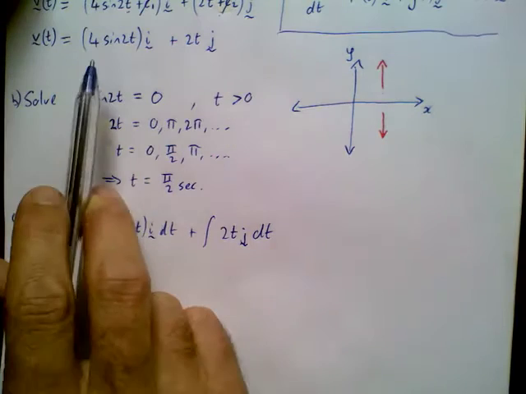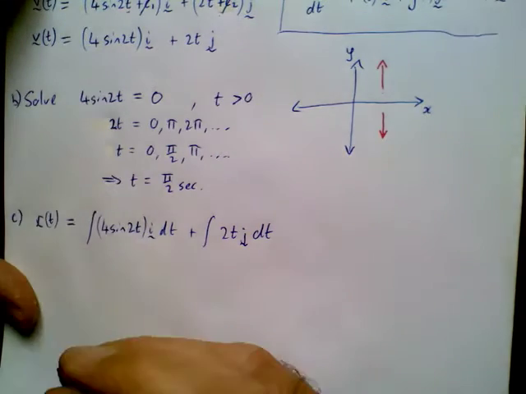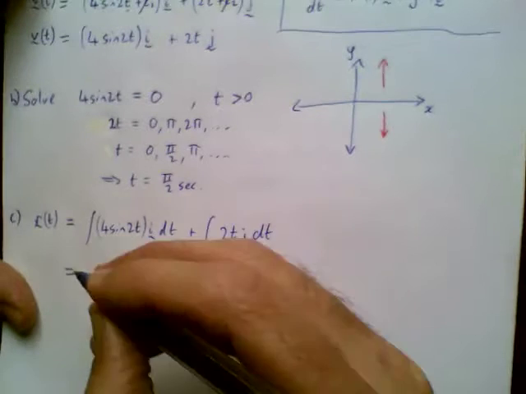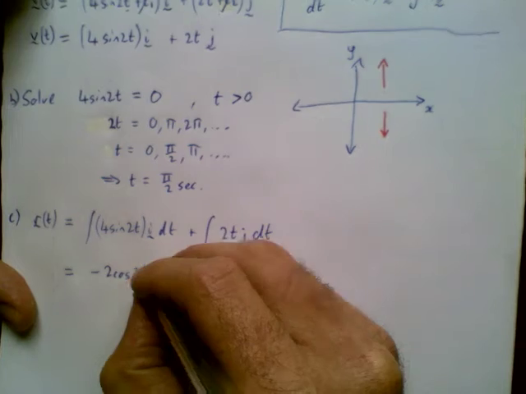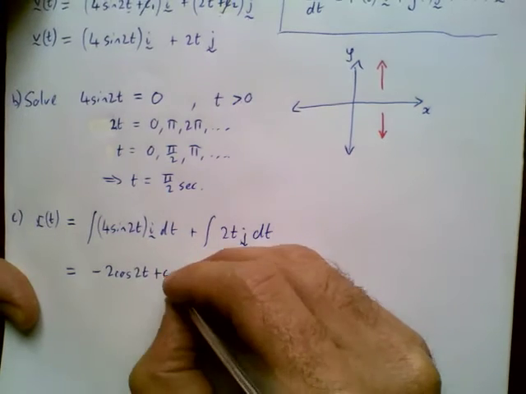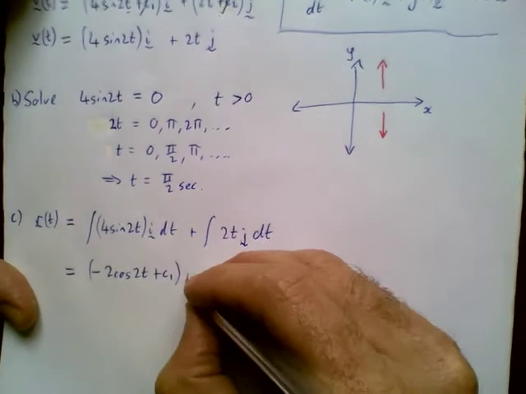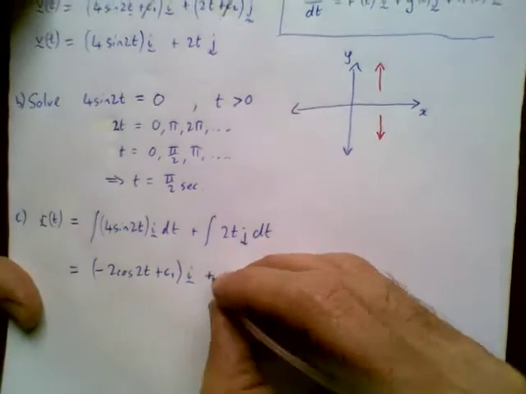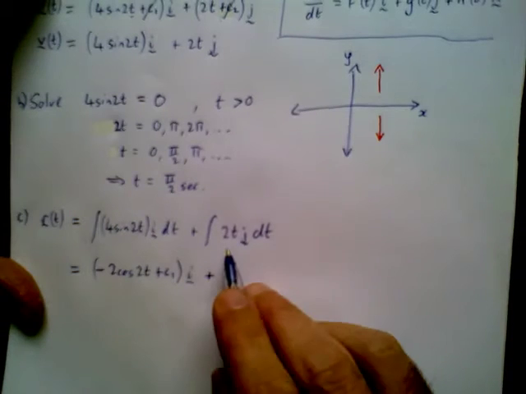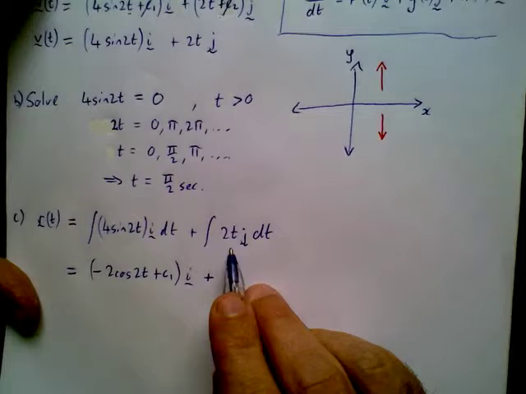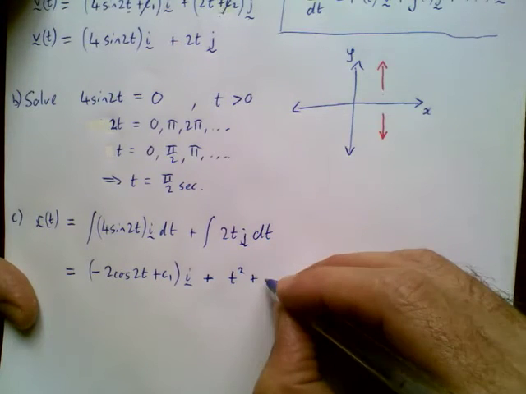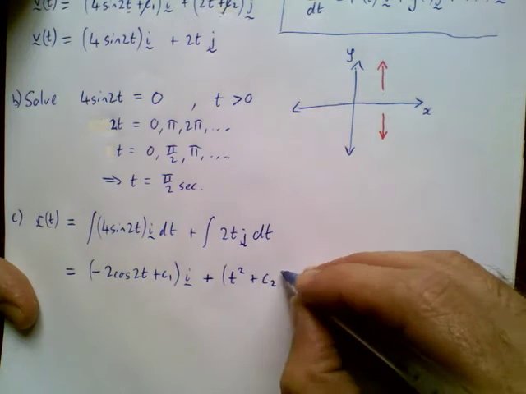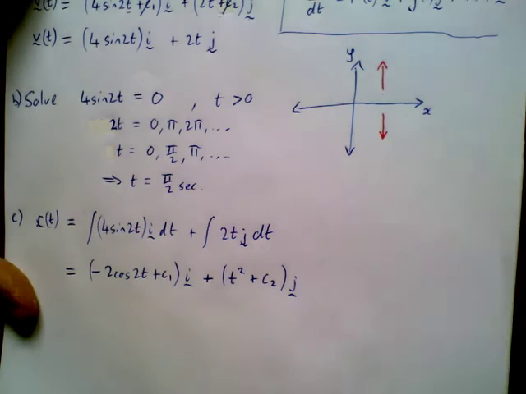So we're just integrating separately the i component and the j component. That's pretty straightforward. We'll get negative 2 cos 2t. Don't forget the constant of integration, so I'm going to call that C1. There's my i component. Plus this one here will integrate to 2t squared over 2, or if you like, just t squared. And again, plus C2 times the j component.